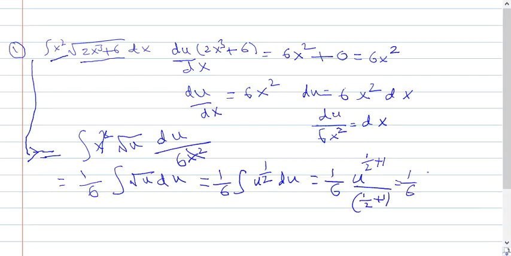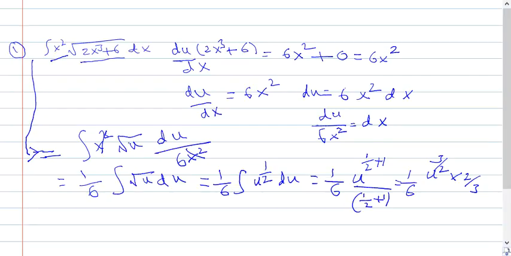So this would become u to the power of half plus 1 divided by half plus 1, and that becomes 1 over 6 u to the power of 3 over 2 times 2 over 3. You might want to note that half plus 1 is nothing but 3 over 2, and since it is in the denominator, we flip it, we get 2 over 3.